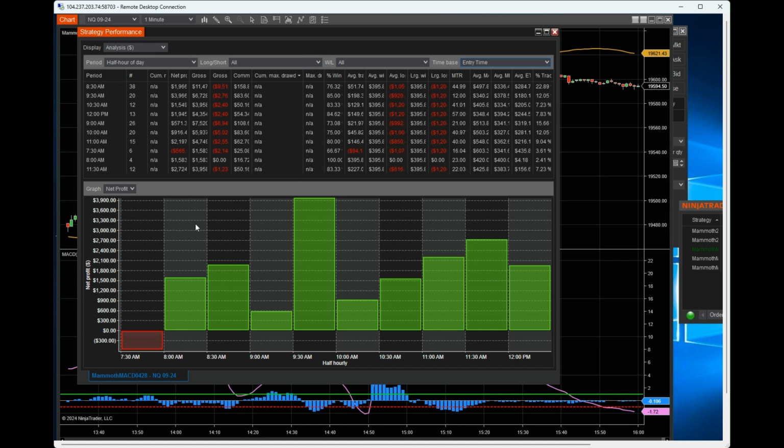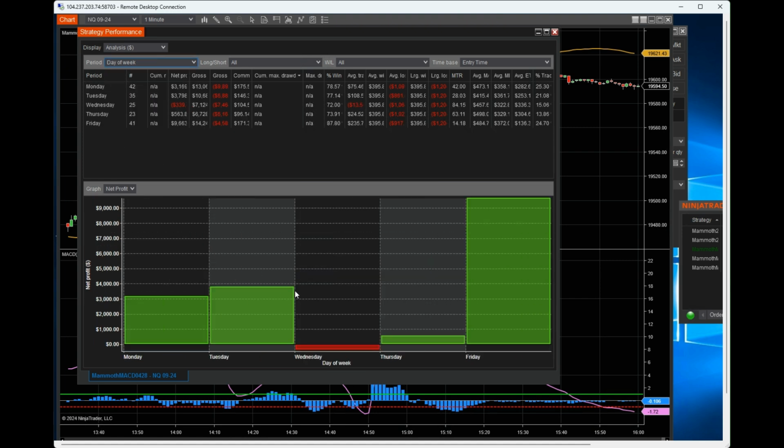The only time that is bad is 7:30 a.m. The rest of the time slots are profitable. And for the day of week, Wednesdays are okay, but Wednesdays and Thursdays are not that good. So if you want to trade this strategy, maybe you want to trade just Monday, Tuesday and Friday, and leave Wednesday and Thursday alone. But that's just the past historical data.